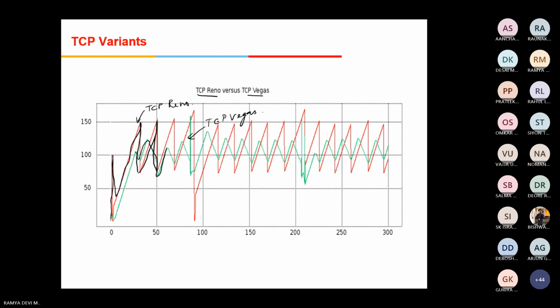Vegas detects early signs of congestion by monitoring the RTT value, so it adjusts the sending rate before packet losses happen. Instead of waiting for a packet drop, Vegas stabilizes the congestion window around the operating point. That is the reason the oscillations happen.